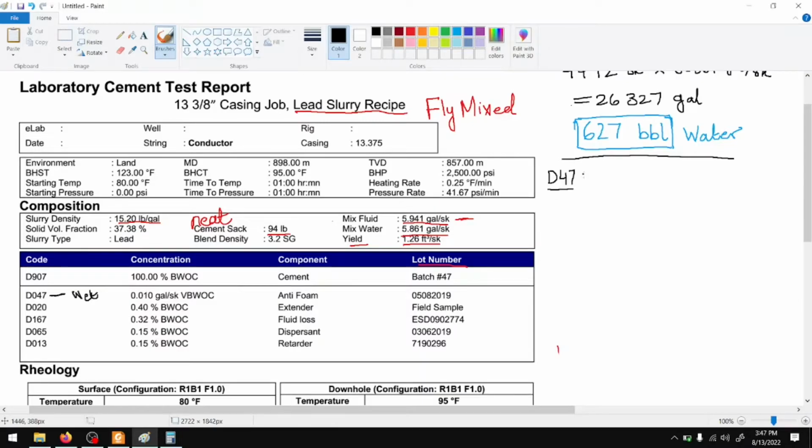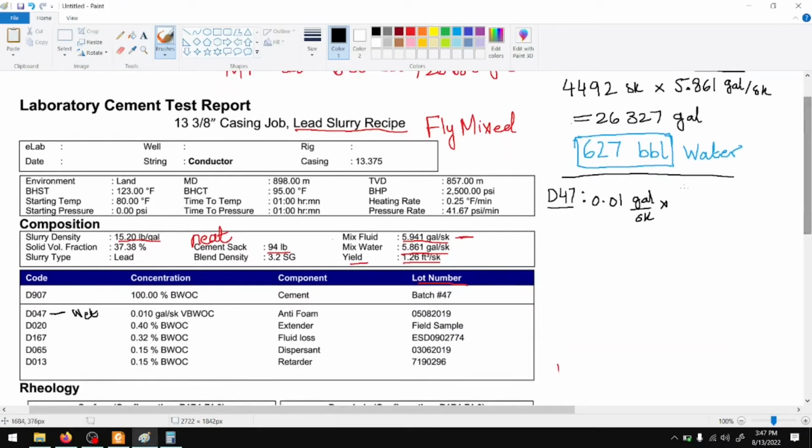You'll understand once we calculate for it, right? So we have 0.01 gallons per sack multiplied by your sacks of cement. And how many sacks of cement did we have? 4492.